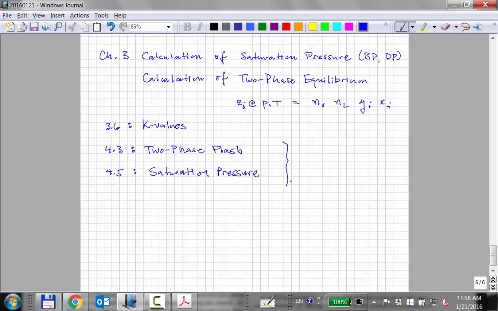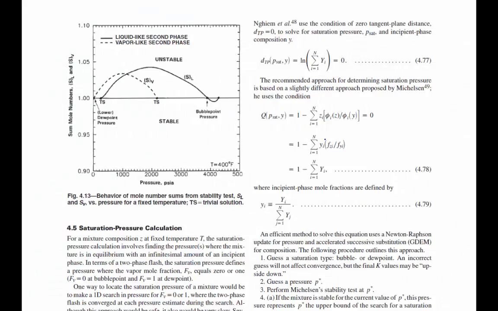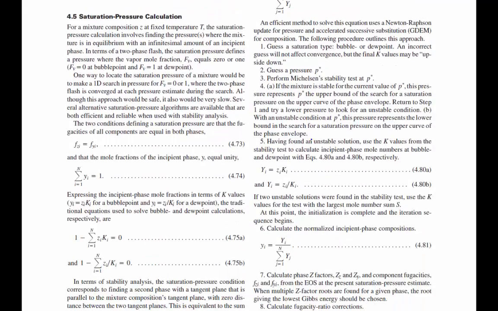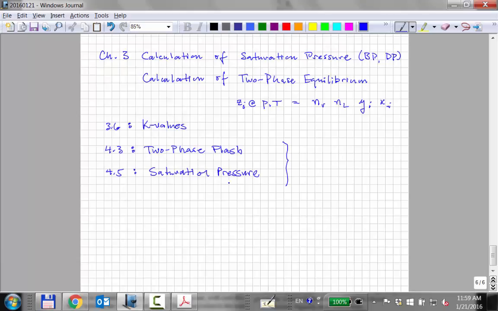And anywhere it's talking about using the equation of state, you can ignore that. Okay? So it's basically equations 4.74, 4.75.